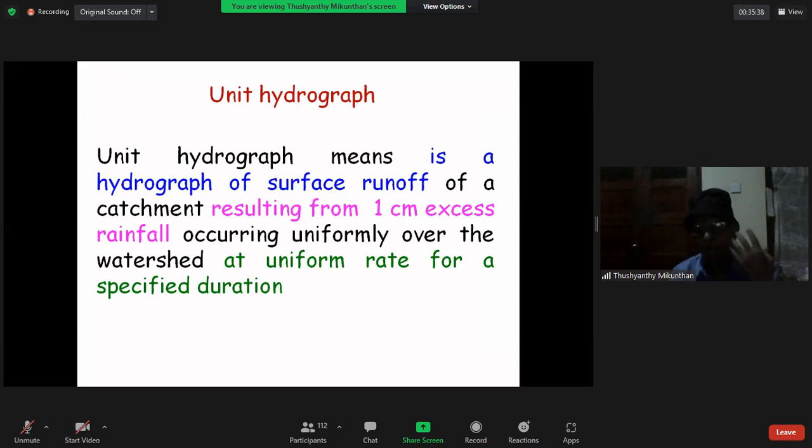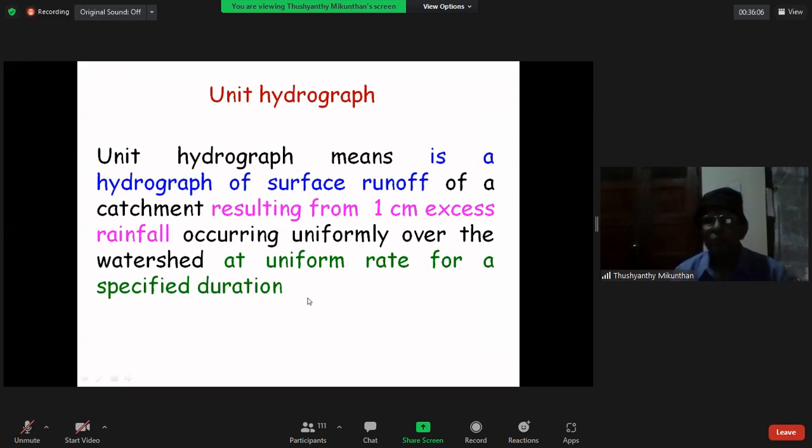Mangulam is different, then Olimadu is different, and Madhavachiya or Padaviya, all different catchments. So there is a different unit hydrograph for each catchment, resulting from 1 centimeter excess rainfall occurring uniformly over the watershed at a uniform rate for a specified duration.